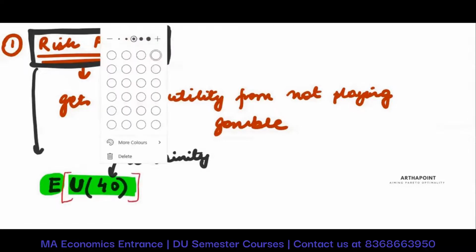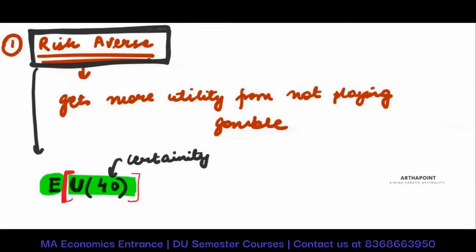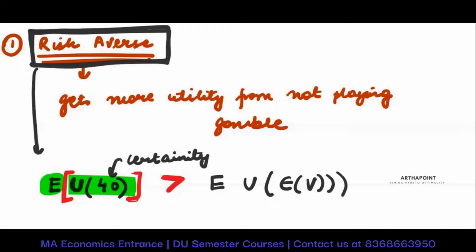I am saying this amount exceeds his expected utility from the expected value, and this expected value is also 40.